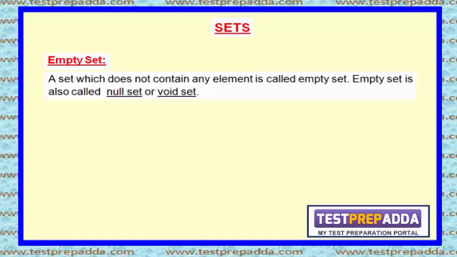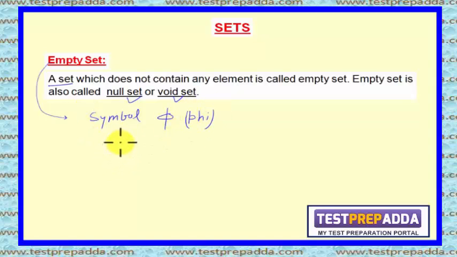As the name suggests, a set which does not contain any element is called empty set. Empty set is also called null set or void set. This empty set is represented with the symbol phi.